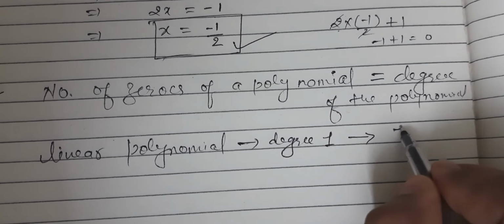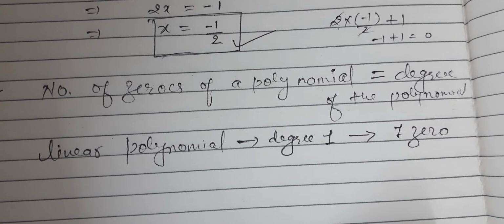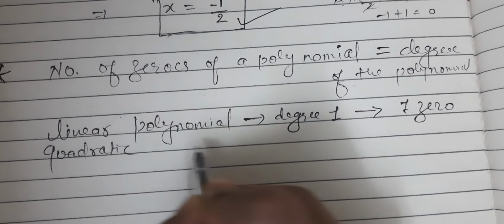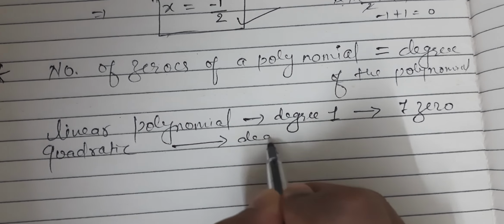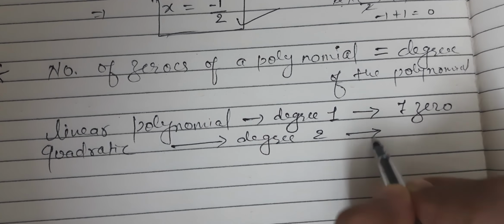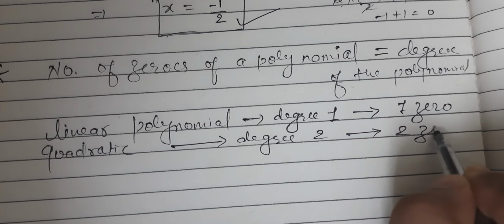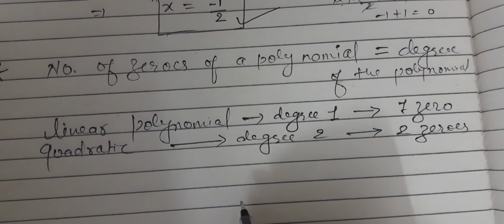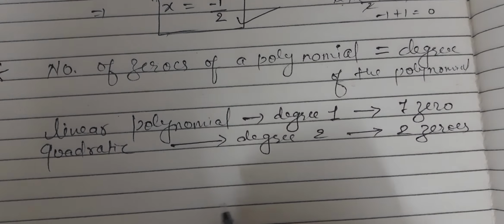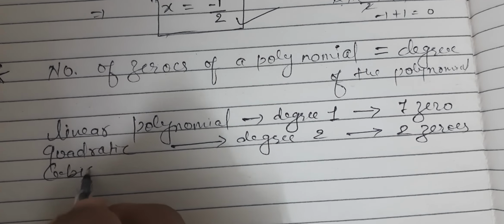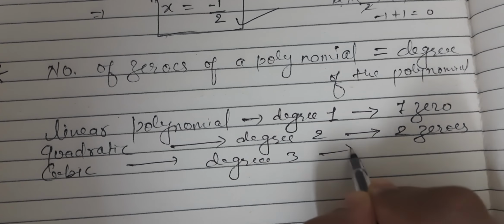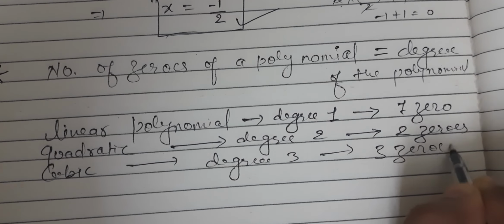So linear polynomial means degree 1. If 1 degree, then 1 zero. If quadratic polynomial, it means degree 2, so 2 zeros. So the number of zeros depends on the degree of the polynomial. Now, cubic polynomial means 3 degree, so we will get 3 zeros.